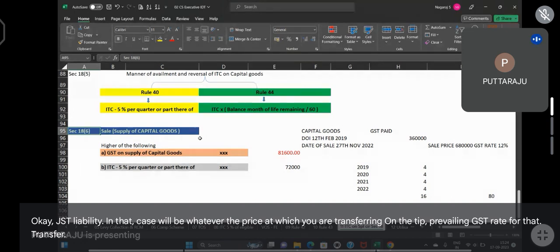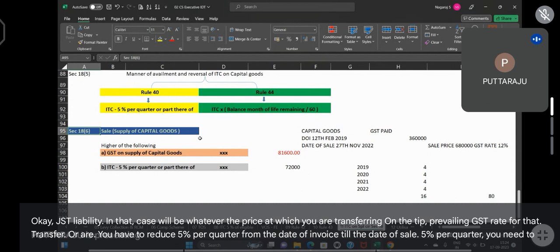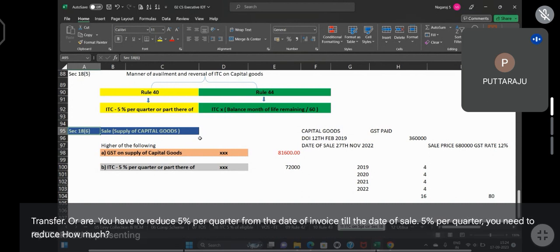or you have to reduce 5% per quarter from the date of invoice till the date of sale. 5% per quarter you need to reduce. How much GST do you get? I mean to say the GST minus 5% per quarter. Assume that you have used it for 6 quarters.